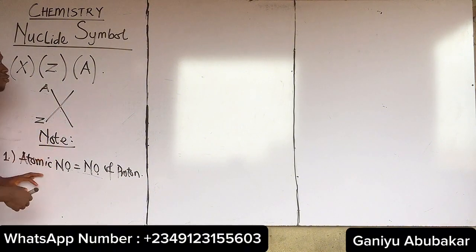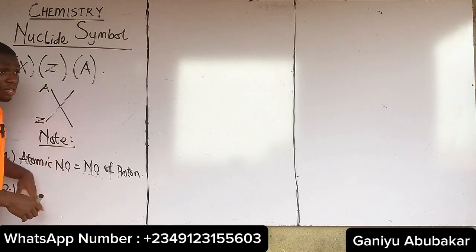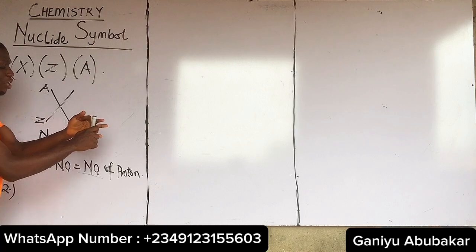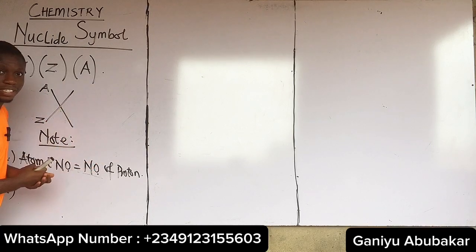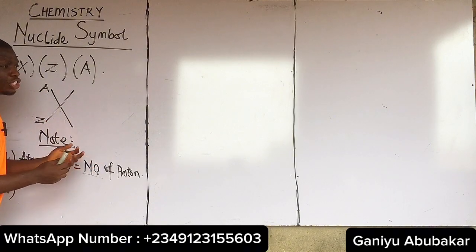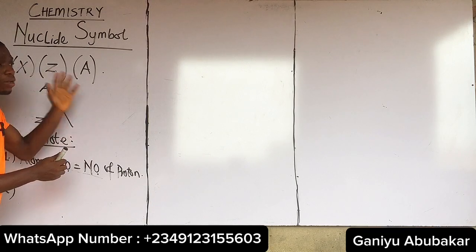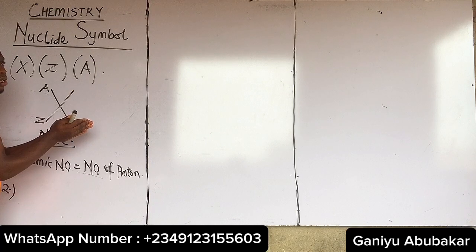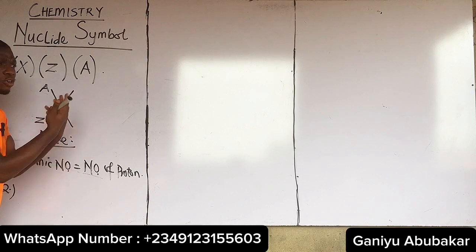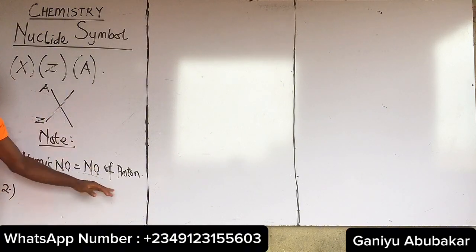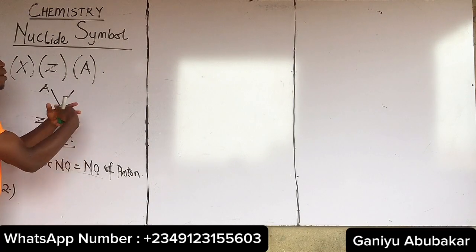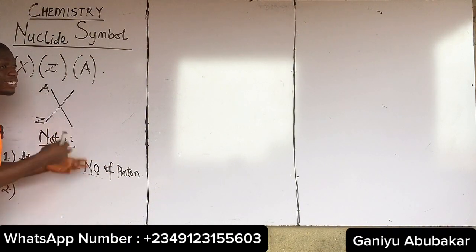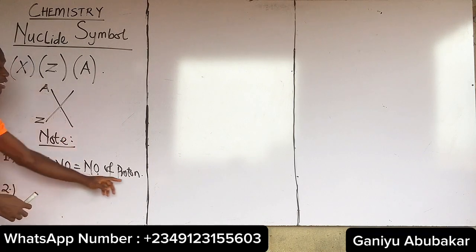We all know the idea of atomic number. What's the atomic number of hydrogen? That's 1. Carbon is 6. So you just count them. The position where every element falls in terms of number is called the atomic number. So if the atomic number is 6, it means the proton is 6.